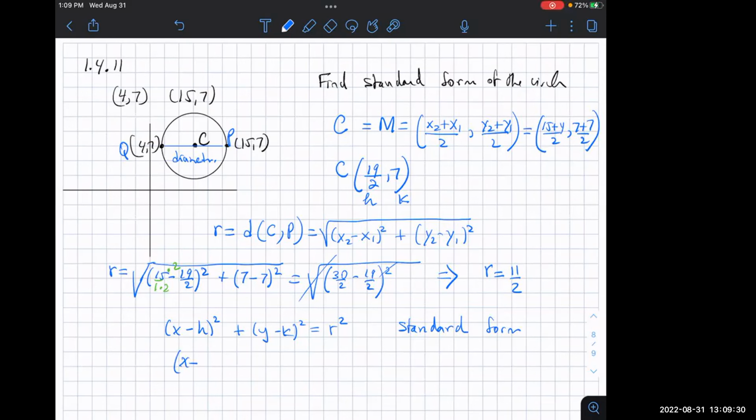So would it be x minus... What H and K do I use? There's like so many different ordered pairs. There is only one H and K, and that has to do with the center. So H and K is always going to be the center. Always the center.